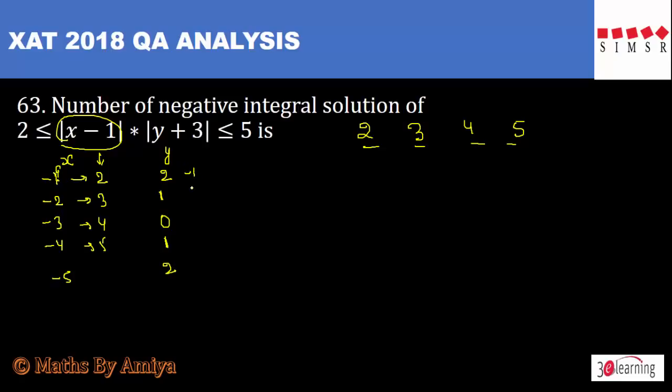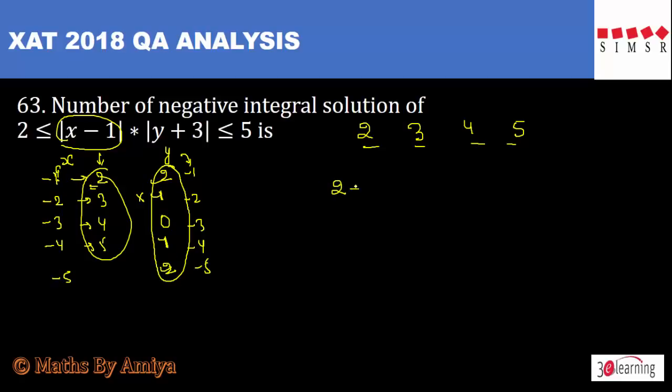So we can say minus 1, minus 2, minus 3, minus 4 and minus 5 are the values of y, and these are the corresponding values of the mod. And the product of these two should be 2, 3, 4, 5. If the outcome is 2, we can take 1, 2, 3 and 4 values, so 4 values. If x is minus 2 and the outcome is 3, we have to take only 1 and 1, 2 corresponding values of y.